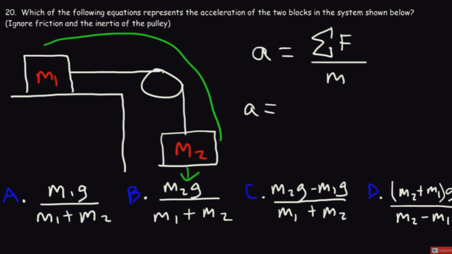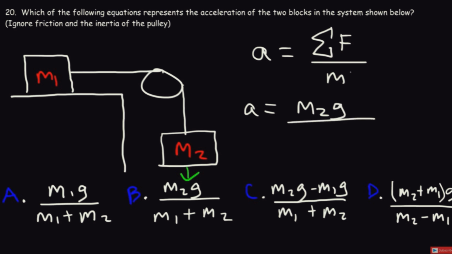And so that net force is the mass of block 2 times g. So it is m2g. And then you have to divide it by the total mass of the system, that is m1 plus m2. That is going to give you the acceleration of the system, which is answer choice B. So B is the final answer.